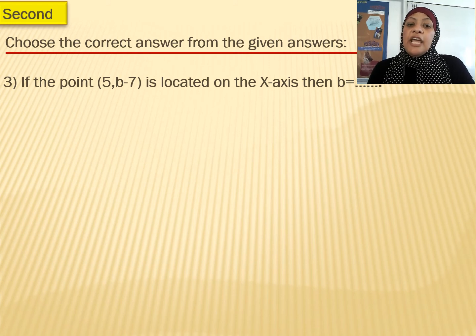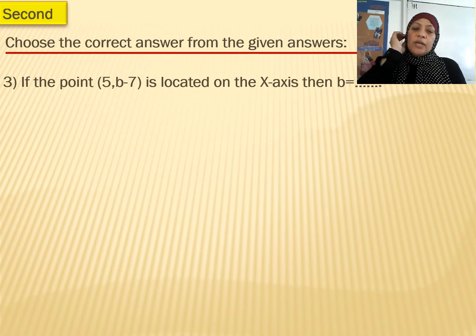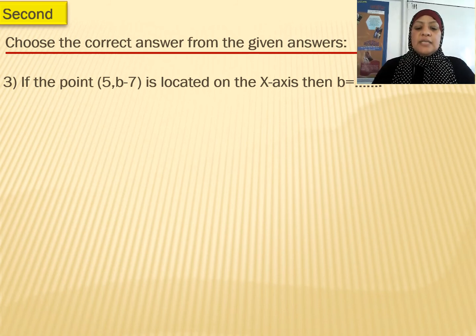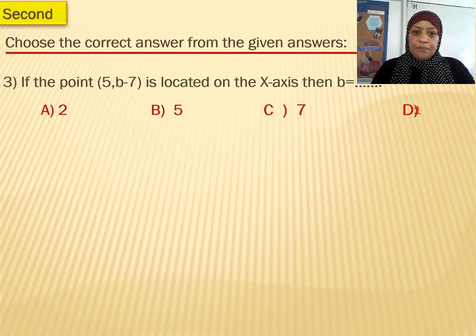If a point is located on the x-axis, it means y equals 0. On the y-axis means x equals 0. Here I am going to substitute and get the value of b.